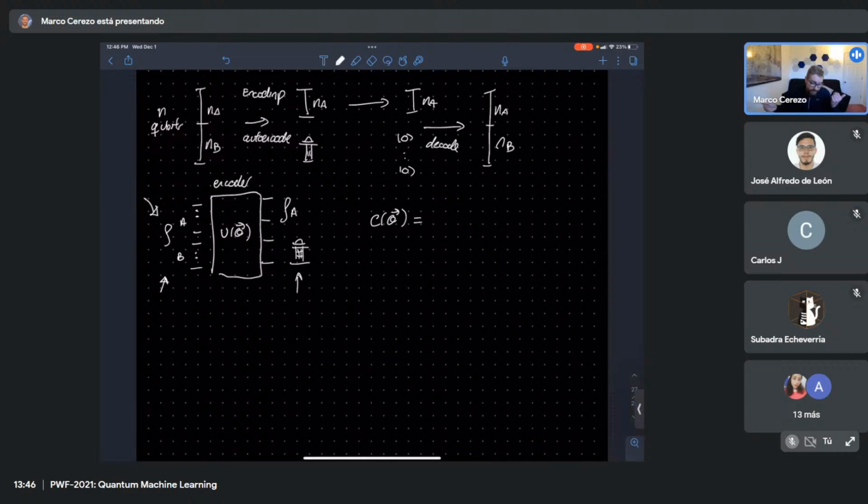So I can define a cost function using a measurement operator that measures in B. It's going to be identity in A tensor, all my qubits in B are in 0.